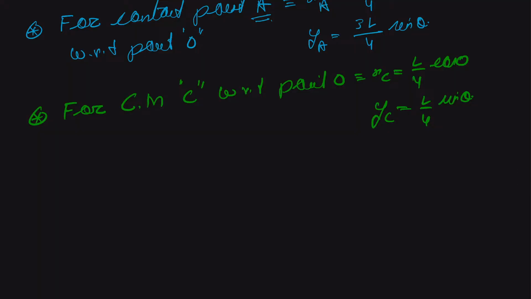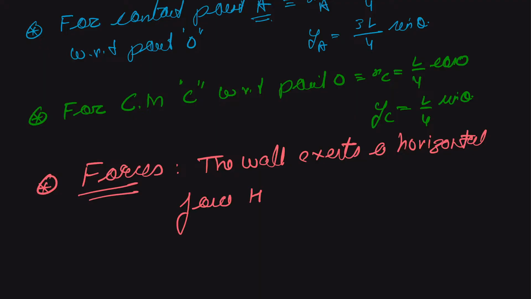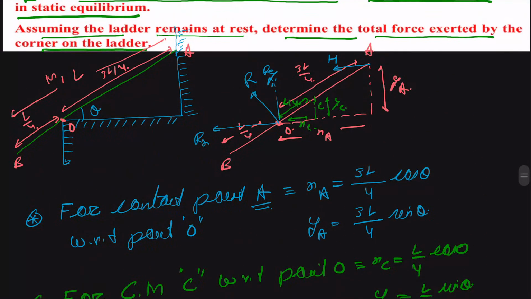We are going to define the forces. The wall exerts a horizontal force H at point A. And there will be mg acting in the downward direction at the center of mass.